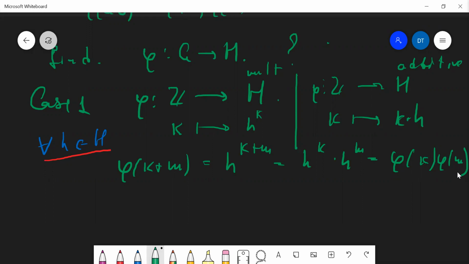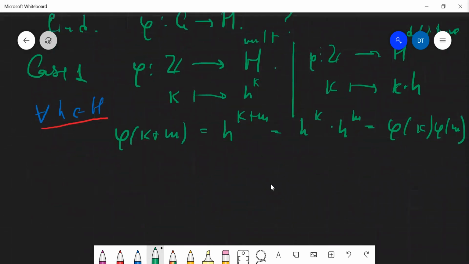Okay, now it turns out that there are no other homomorphisms. Indeed, if you take an arbitrary homomorphism phi from Z to H, let's take an arbitrary element k from Z. Then phi of k is what?